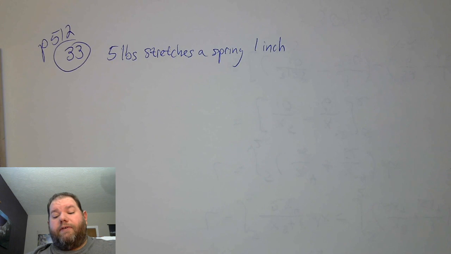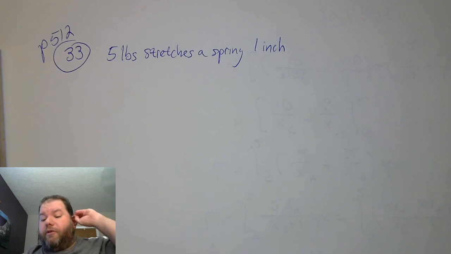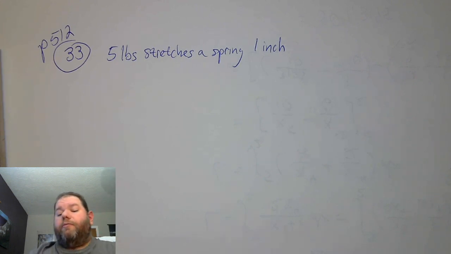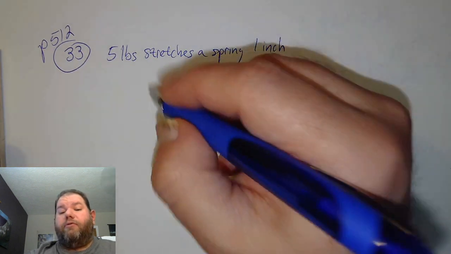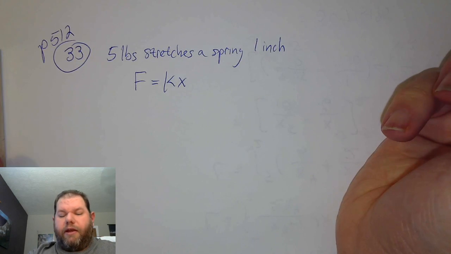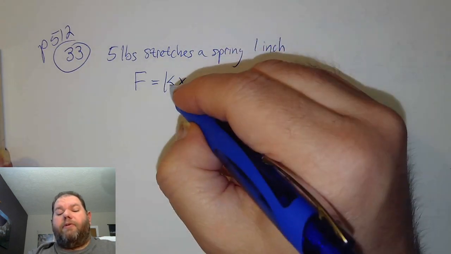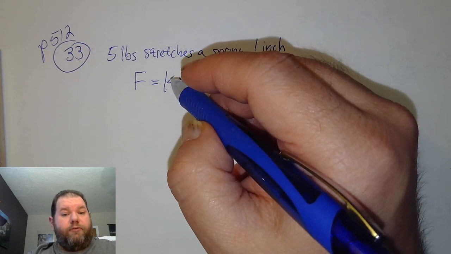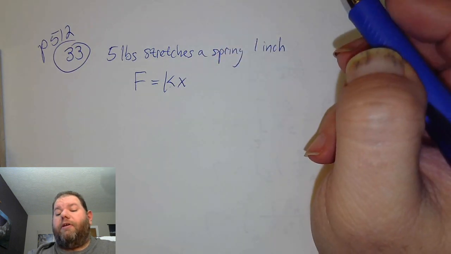So our first statement there, 5 pounds stretches the spring by 1 inch. Now, in this case, this allows us to use Hooke's law, F equals kx, to determine the spring constant, or the restorative force of the spring.